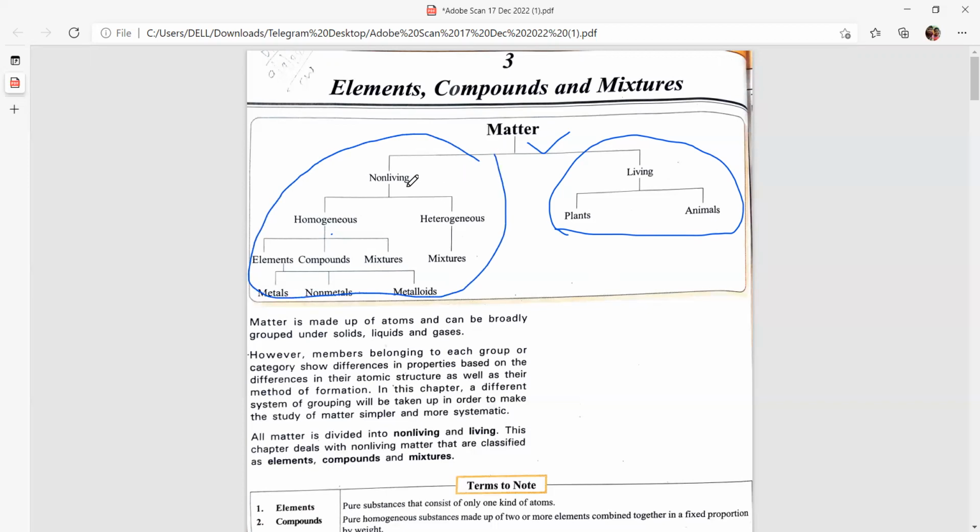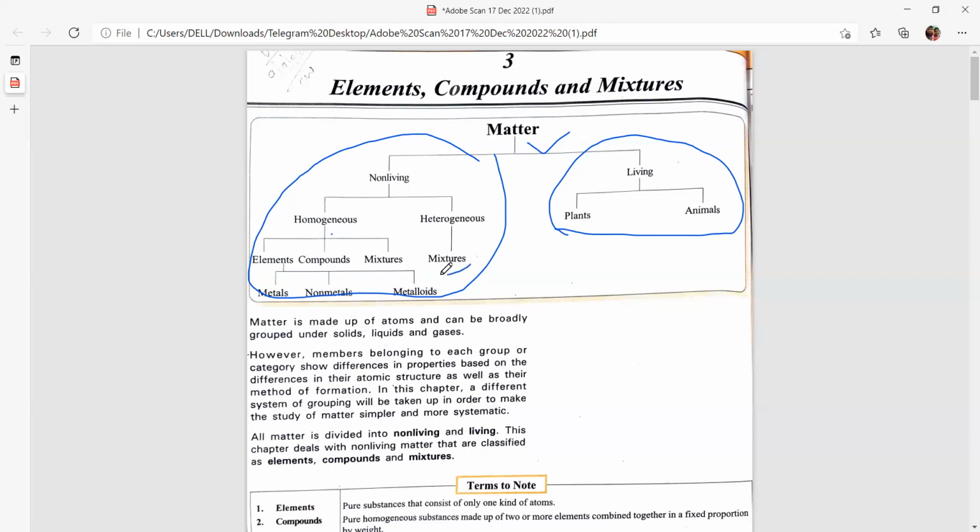And this non-living matter is again divided into two groups, homogeneous and heterogeneous. Homogeneous matter is again divided into three categories: elements, compounds, and mixtures. And these elements are divided into metals, non-metals, and metalloids.